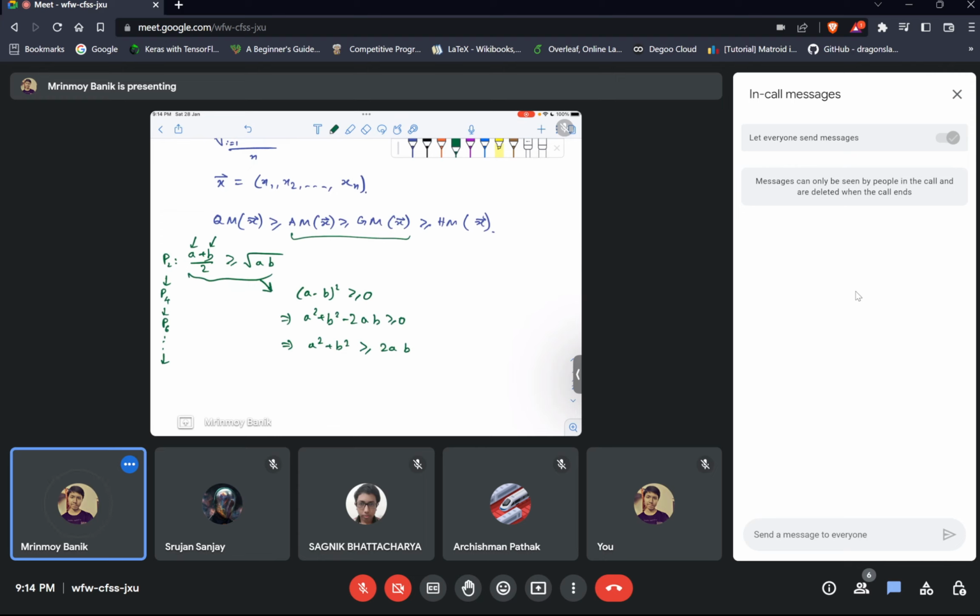Instead of a and b, let's substitute square root of a and square root of b. So it's basically square root of a minus square root of b squared greater than or equal to 0. So P2 holds.